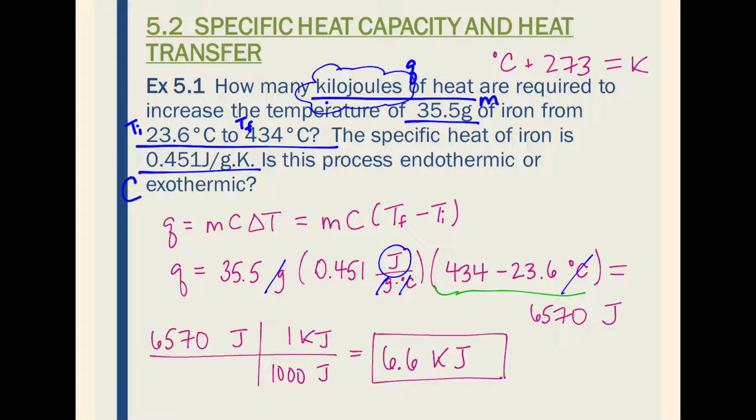So if I subtract 434 minus 23.6, I would want to round that to a whole number, which would give me 410 degrees Celsius. Then when I go to do my multiplying, I have 3 sig figs, and now 2. So 2 ends up being that limiting number. So this I would want to keep to 2 significant figures as well. So in turn, my final answer has 2 sig figs at the end. So there we are with example 5.1.